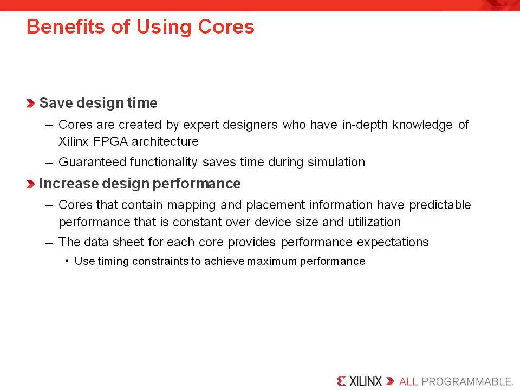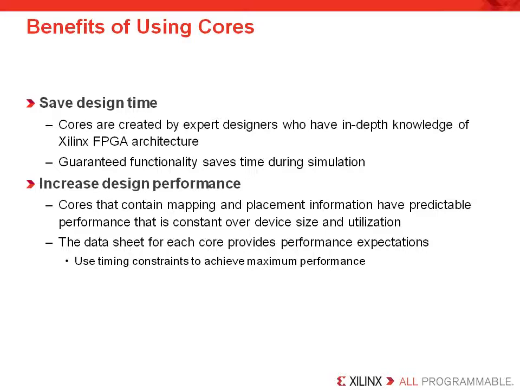But either way, the use of cores saves simulation and debugging time you would have to spend if you build the component yourself. Some cores contain mapping and placement information that enables the component to have predictability and optimum system performance. This is often the case when a core has a high performance timing requirement to meet a performance specification required by a design standard.